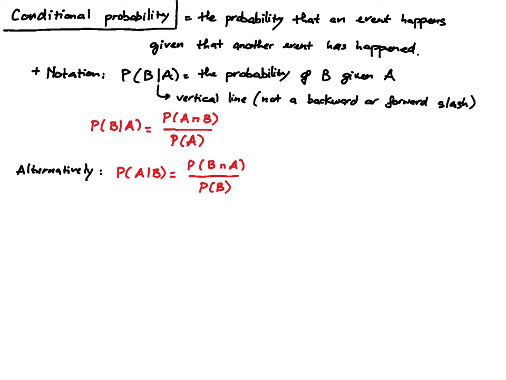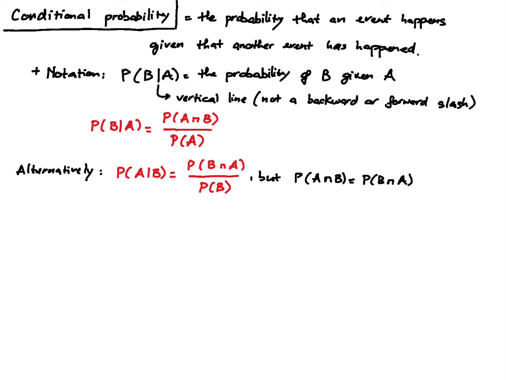But then note that the probability of the intersection of A and B and the probability of the intersection of B and A are the same thing, because if you draw a Venn diagram, the intersection of A and B and the intersection of B and A are the same area.